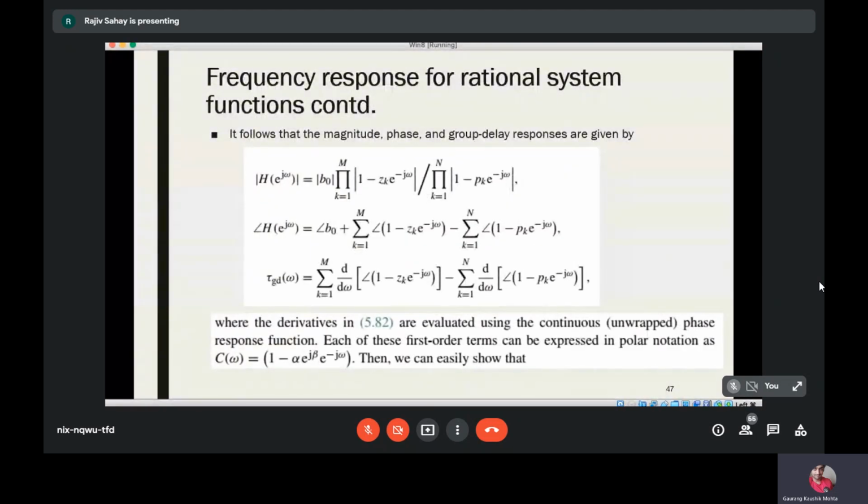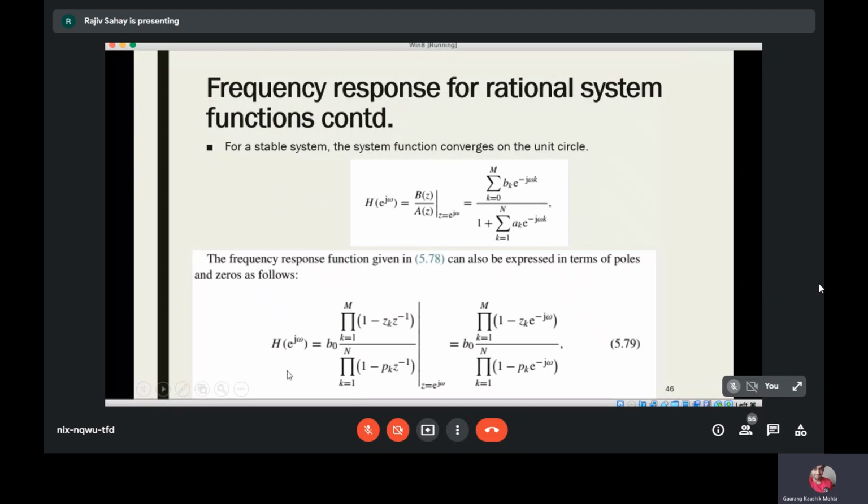So we can now start to think about how to write the magnitude, phase, and group delay given the above expression. Then we can see the impact of each zero and pole on the phase delay and the group delay. What we do is take the magnitude of the left hand side.